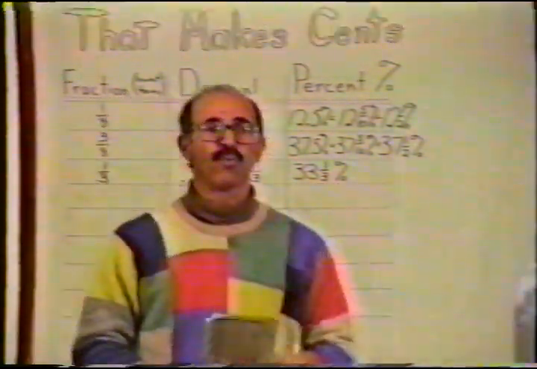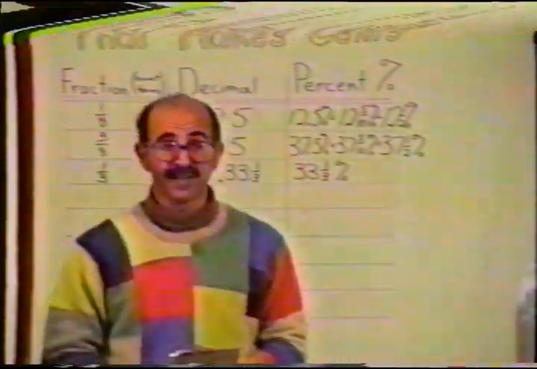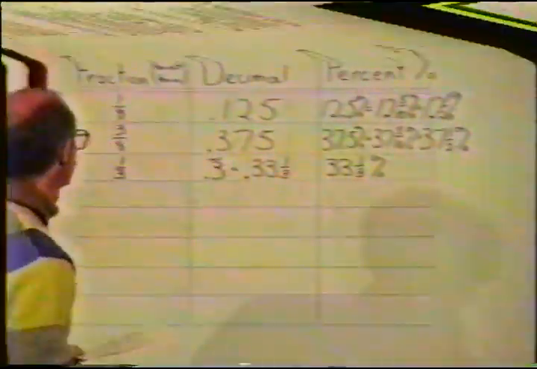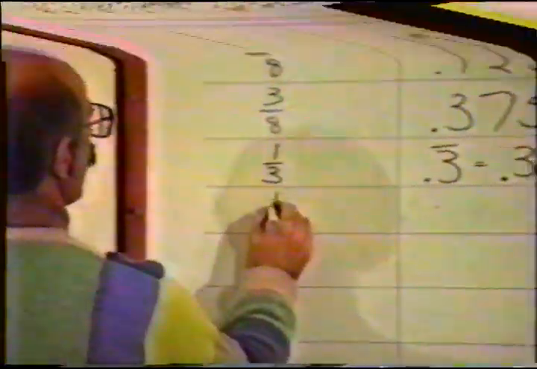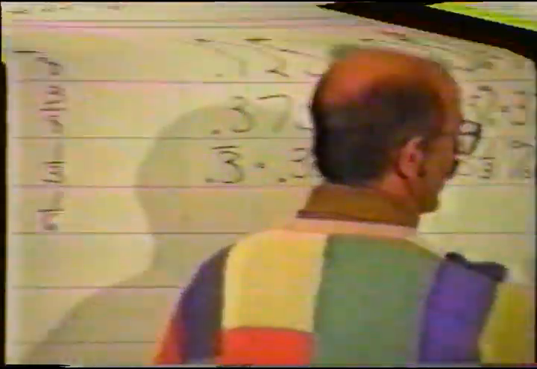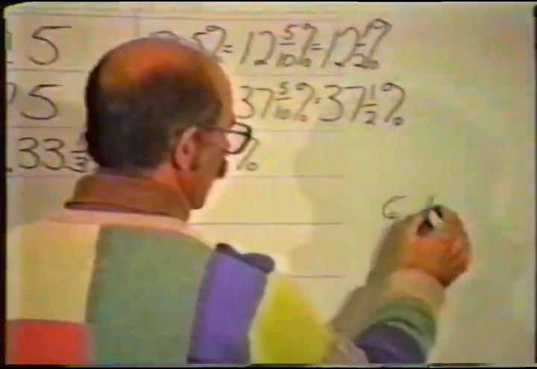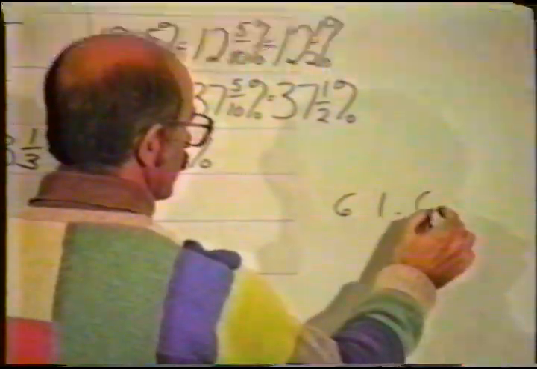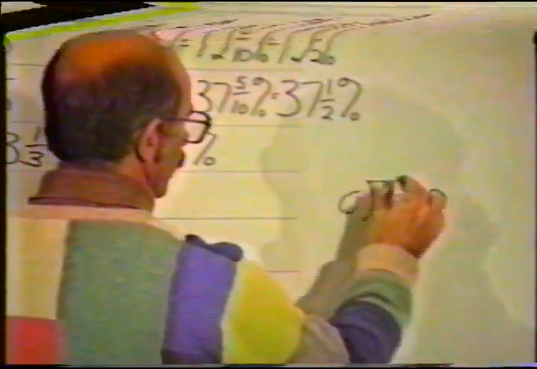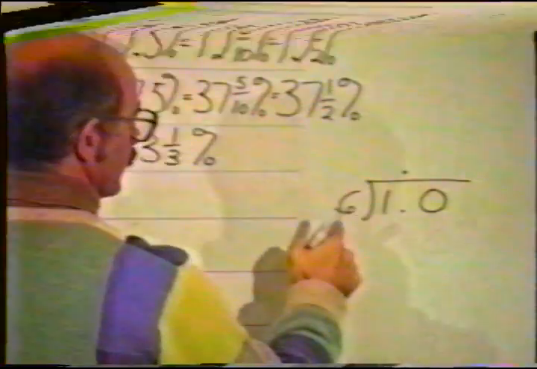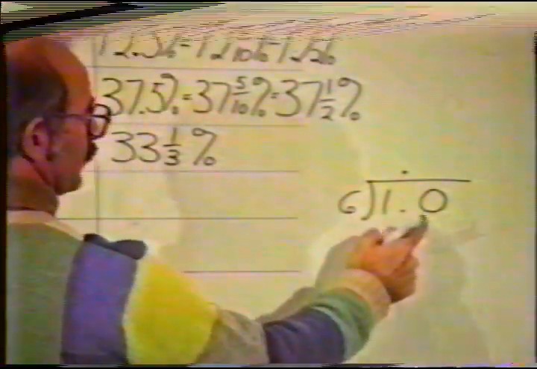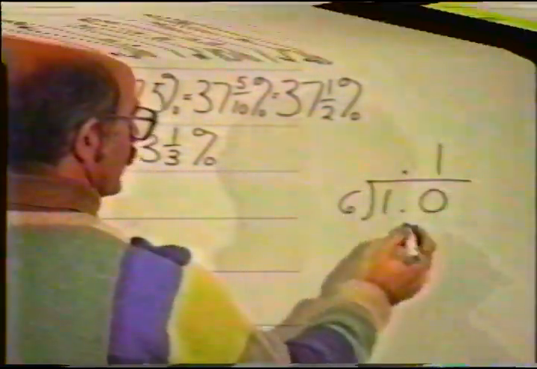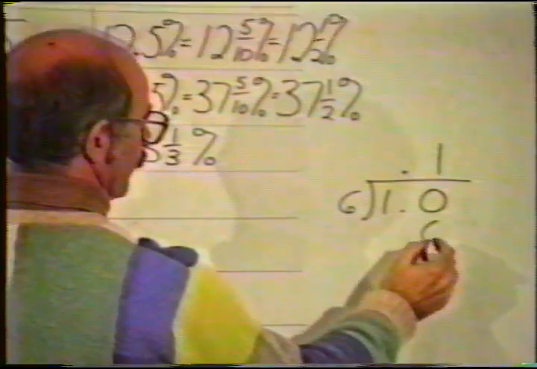And I'll do one more with you, 1/6. 1/6. Again, we divide 6 into 1.0. 6 goes into 10 once. 1 times 6, 6.